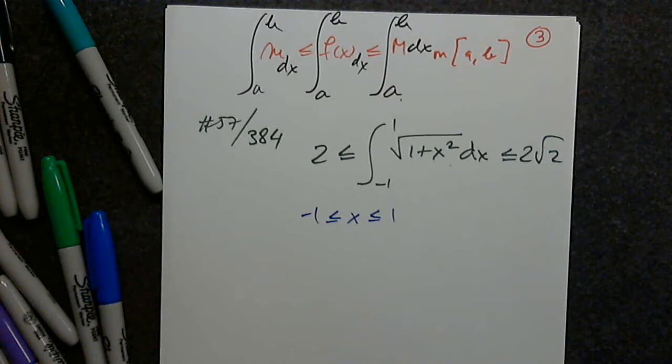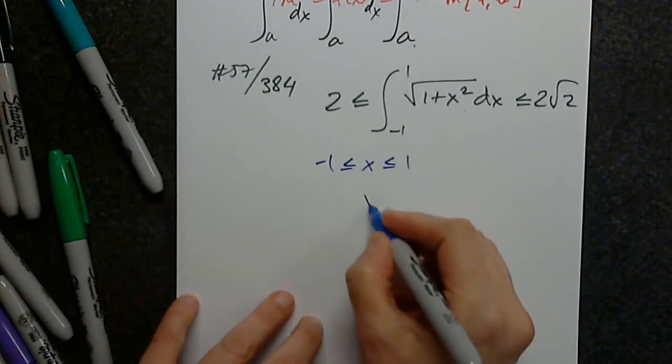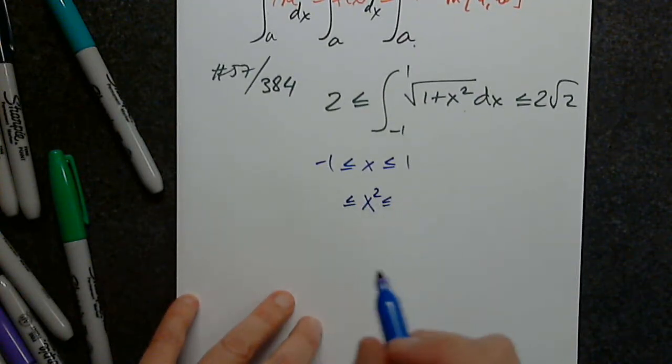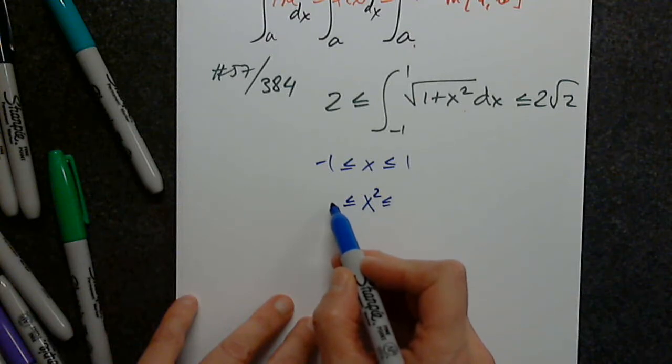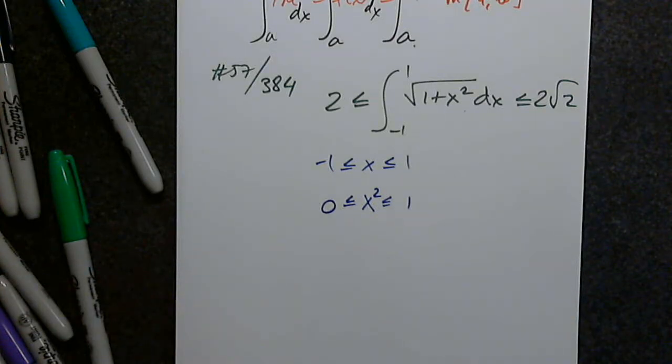What would be the largest number? Exactly. So if x is between -1 and 1, x squared will definitely be between 0 and 1. Excellent. So I built x squared.